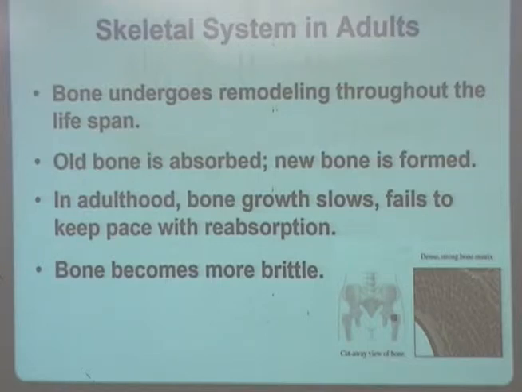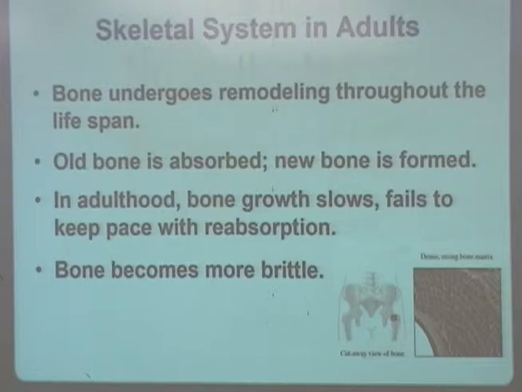As we get older, the bone that I'm laying down slows down, but I keep absorbing the old bone, and so that's where the problem occurs, because now the balance gets out of whack, and that's when I can start to develop some problems and some thinning in the bone.